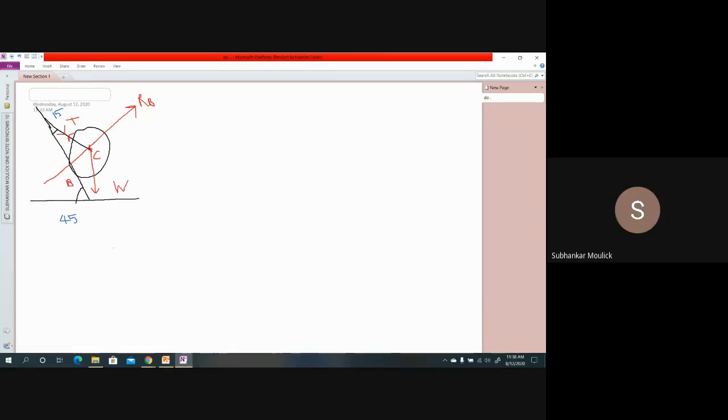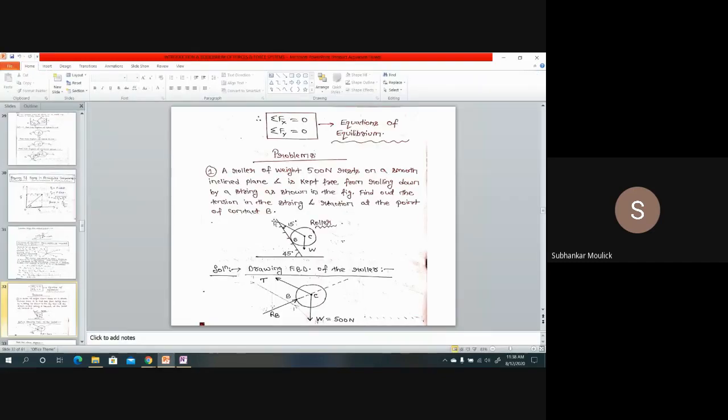So now I have completed my free body diagram. If I see my original diagram, there will be three forces acting on the roller. First is the weight of the roller acting vertically downward. Second is the reaction RB, which acts at 90 degrees at point B, passing through the center of gravity of the roller, C. And one more force acts, that is the tension in the string.